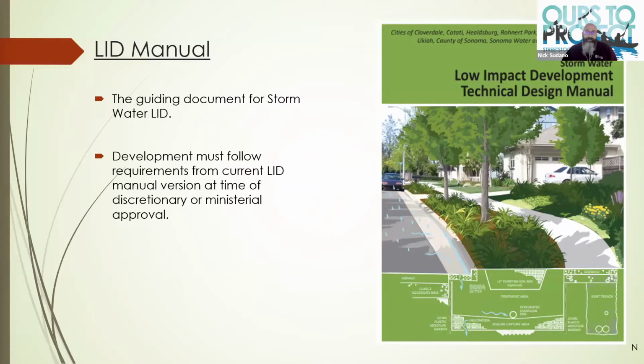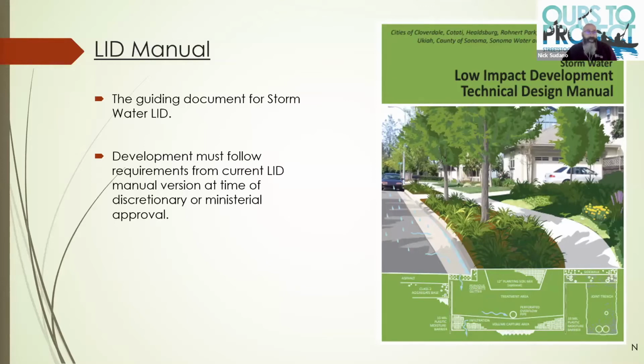This is currently the third version of that. And the way to determine what manual your feature is being held to depends on when the project got the CEQA or discretionary approval from the city. Those are the two triggers that lock you into the design manual for that feature.